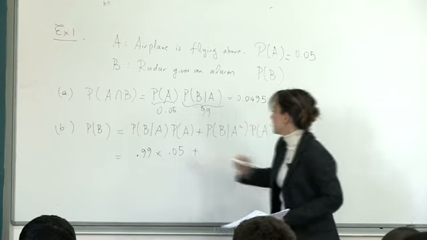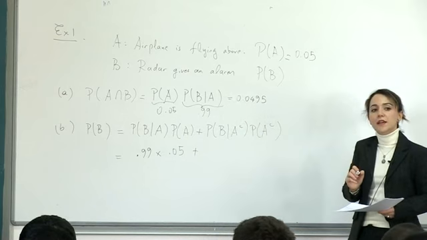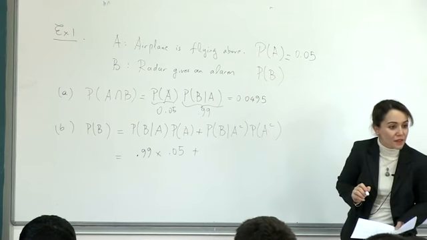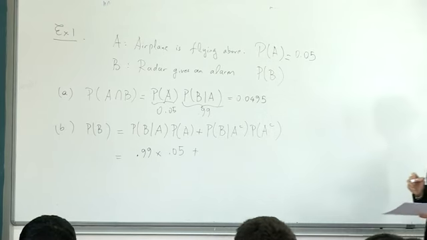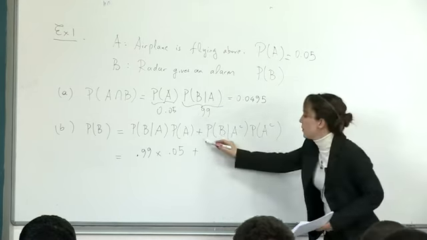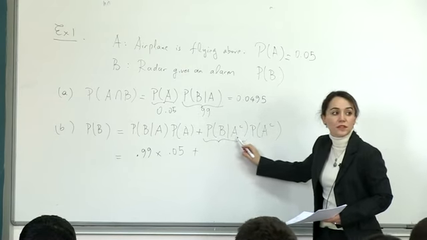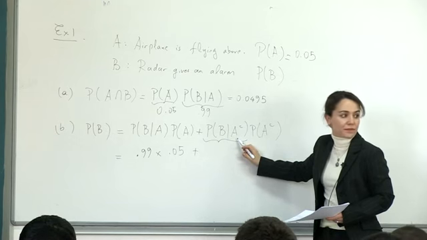So P of B given A is 0.99, P of A is 0.05, plus B given A complement. This is the probability that the radar gives an alarm given that there is no airplane.